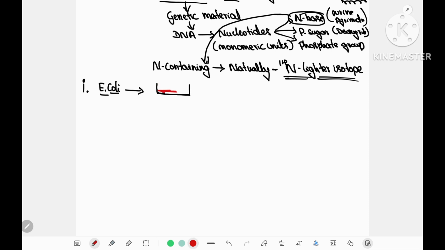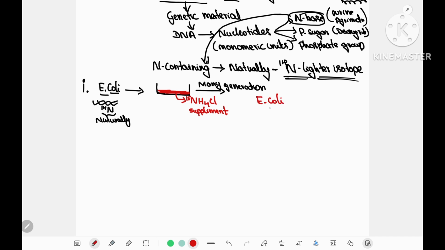In the first step, what they did is, Escherichia coli bacteria was allowed to grow in a medium. You have to remember, a nutrient medium. Nutrient medium means it will have all possible nutrients, carbohydrates, proteins, nitrogen supplement, everything. The nitrogen supplement they gave was ammonium chloride, and that ammonium chloride contains a heavy isotope, that is N15.